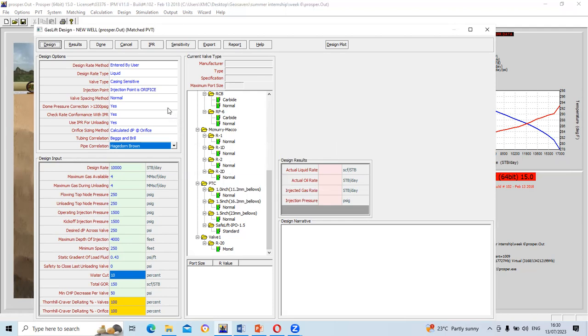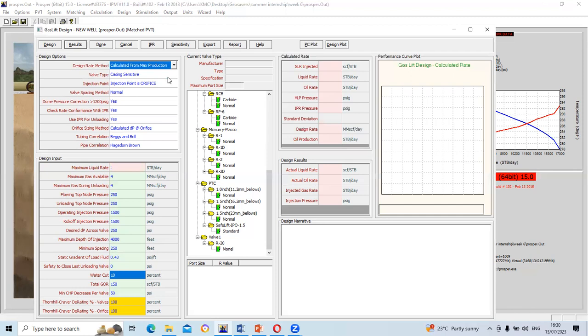Come again. The design rate method, the first one. Design rate method. Yes, is that what is missing? Ah, okay. Calculate from maximum production. Okay. So it shows that you are actually following. Shows that you are with us.